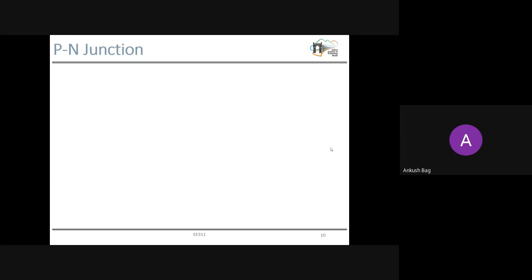But this PN junction we will again encounter in the bipolar junction transistor, where we have two back-to-back connected PN junctions. So this PN junction is once again a fundamental building block of any semiconductor device.